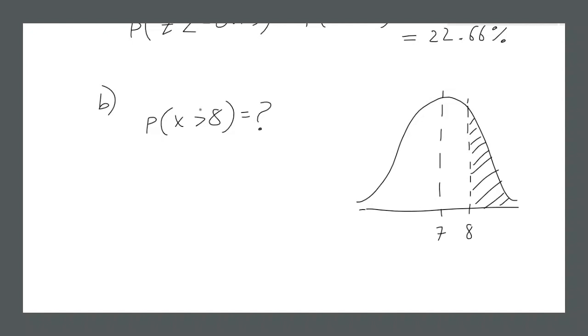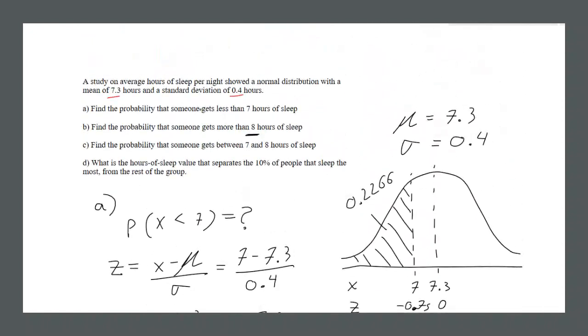So again, step 1, convert to the z scale. Z is x minus mu divided by sigma. 8 minus, and if you recall, our mean value is 7.3, and our standard deviation is 0.4.